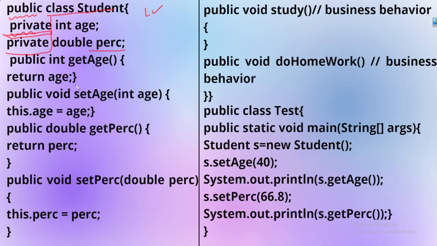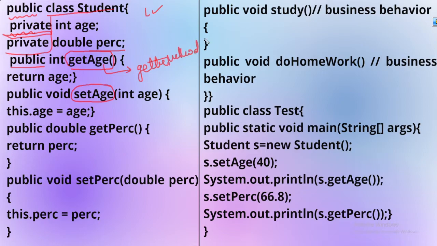Next, you need to have a public getter and setter method. If you see the methods here, you have public int getAge, and there is one more method, setAge. Whenever you use get here, it is called a getter method, and it is used to get the data.